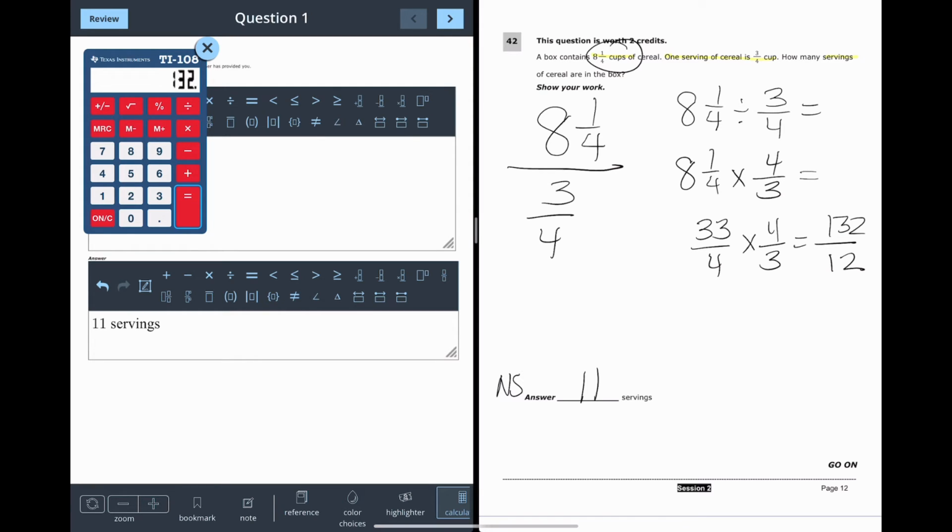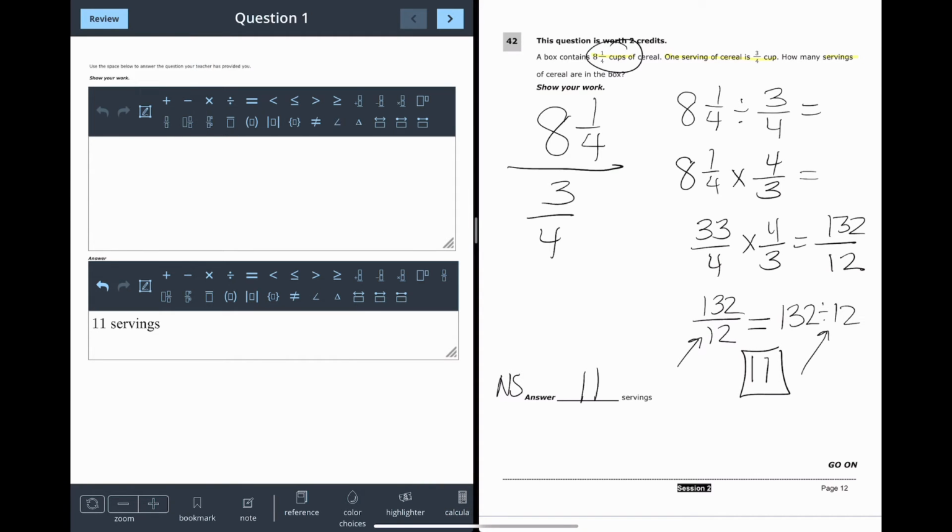And again, you get to decide how you want to do this. 132 divided by 12 is 11. Okay, so you can use either way. I don't care if you leave it this way, equals 11, or if you rewrite it like this, equals 11. Either way, you get 11 servings.